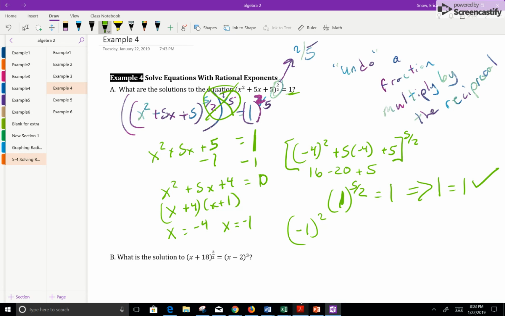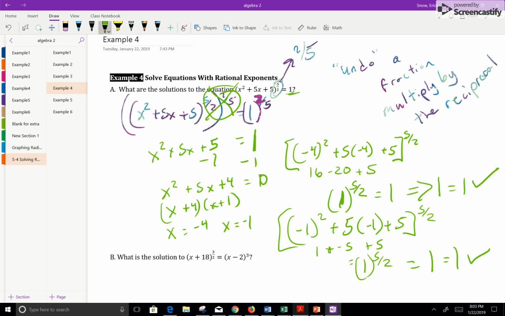So (-1 squared plus 5 times -1 plus 5) again. So we get 1 plus -5 plus 5, which just gives us 1. All of that should be raised to the 5/2. So we get 1, which is equal to 1. So that works. So in this case, we do have both solutions.